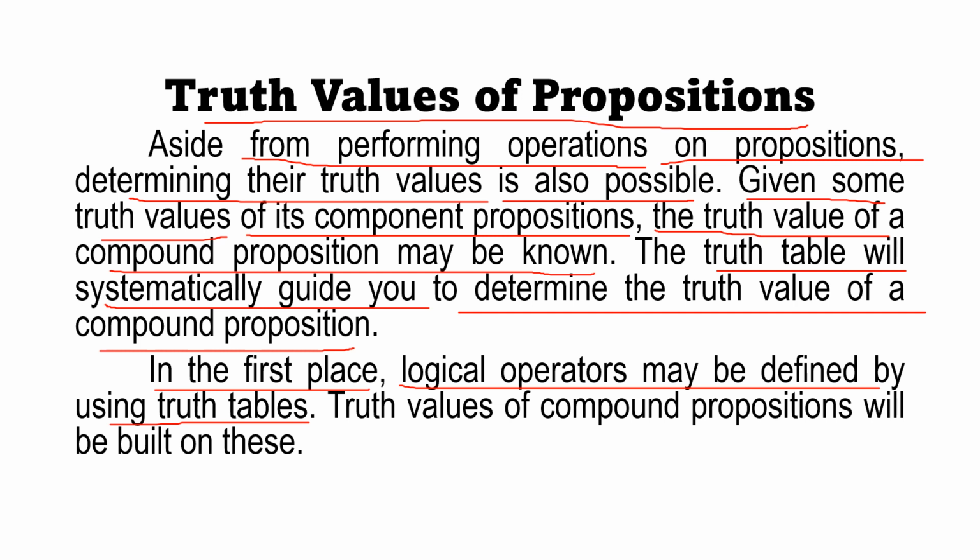This is for us to come up with the right truth value once we are asked to combine two or more propositions dealing with these logical connectors or connectives. So the truth values of compound propositions will be built on this, because with the use of the truth table, we can easily visualize since it is a systematic guide for us.